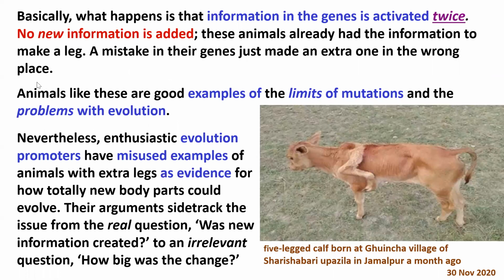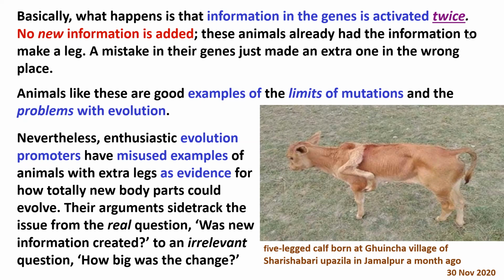So basically what happens is that information in the genes is activated twice. That's why you have two heads. The information or the genes for the head is activated twice. And so basically no new information is added. It doesn't have information for feathers.